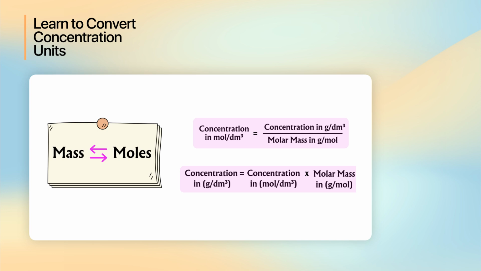Conversely, to convert from moles per decimeter cubed to grams per decimeter cubed, you multiply the molar concentration by the molar mass. Through various examples and practice problems, we reinforced our understanding of these conversions. By the end of the lesson, you should be adept at switching between these 2 units of concentration. This knowledge is fundamental for accurately measuring and utilizing chemicals in both academic and professional settings.